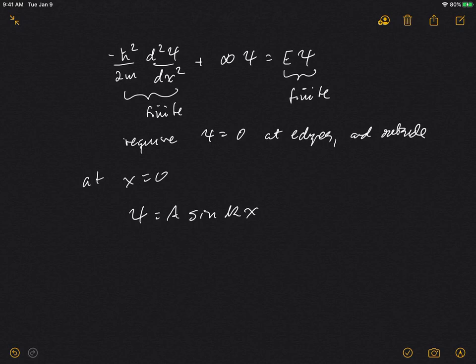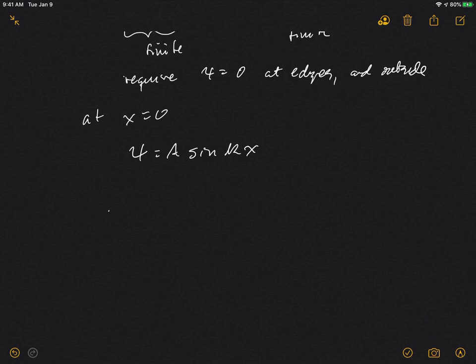So now we've imposed one boundary, and that's told us which of those trial functions we can use. Now we impose the second boundary at x equals a. That's going to give us additional information.